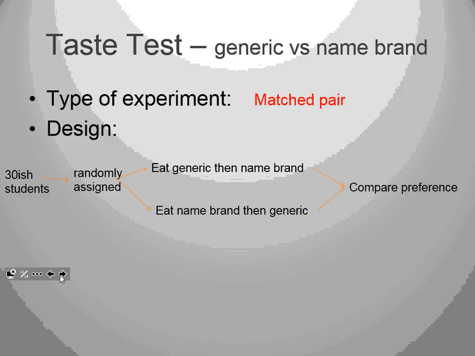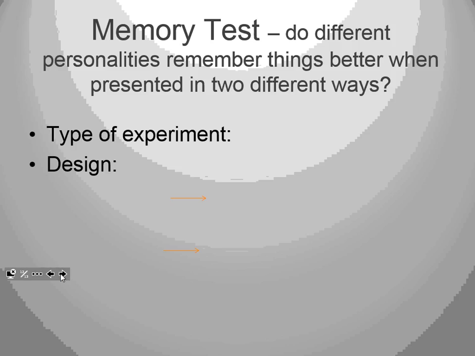Okay, compare and our preference. We're going to rate from 1 to 10 how well it tastes, so we can really decide if there is a huge difference. We'll also do a memory test. We're going to see if different personalities remember things better when we're presenting in two different ways.